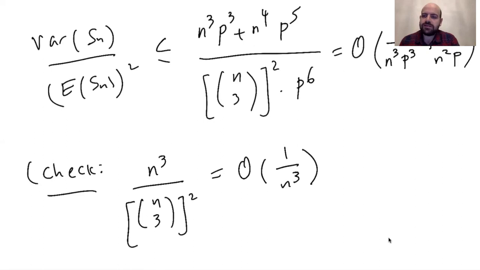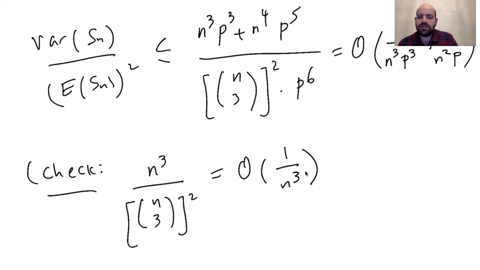And this makes sense, right? N choose 3 means what? N times n minus 1 times n minus 2 over 6. So it behaves like n cube. So n cube over, now, this term I just said behaves like n cube, to the power 2 behaves like n to the power 6.